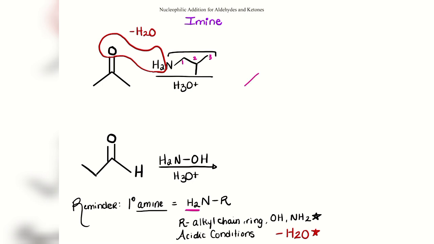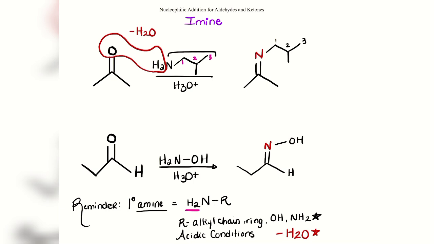Then when we discuss how to draw it, you will leave your double bond in place, and then you're going to just transfer that nitrogen group onto the top, and whatever amount of carbons or groups are attached to it. So this one has an OH group, and these are your answers.